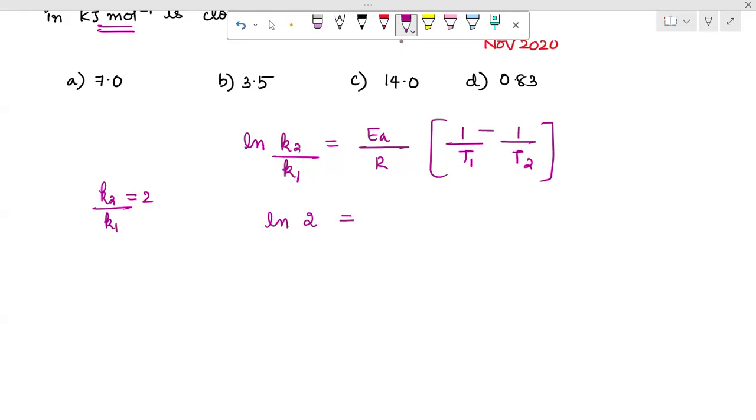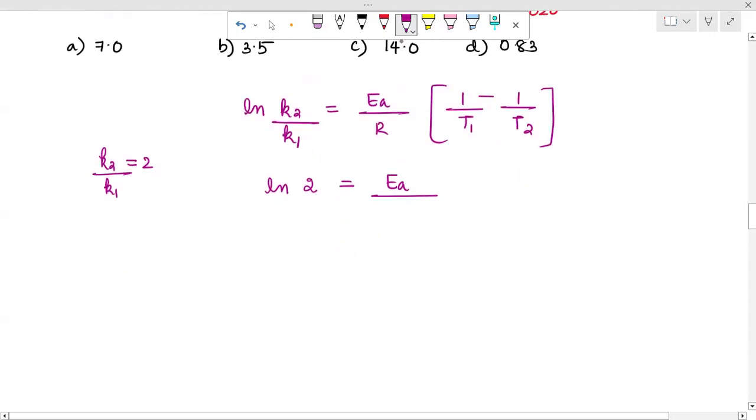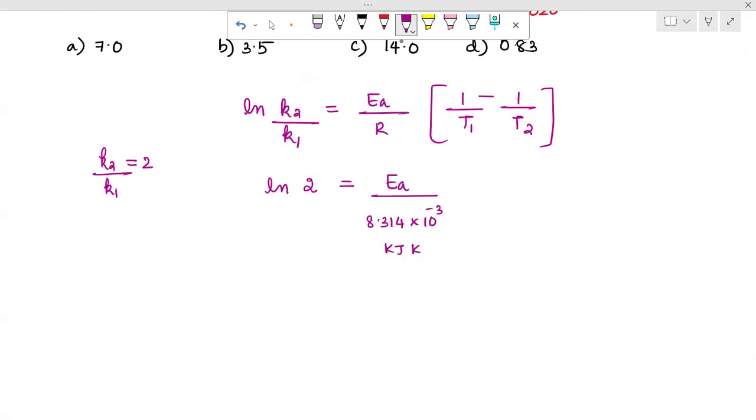So ln 2 is equal to EA, which you have to find in kilojoules per mole, divided by R. So you better write your value of R in kilojoules as well: 8.314 into 10 to the power minus 3 kilojoules per Kelvin per mole into T2 minus T1, so it is 300 minus 200, 100 Kelvin, divided by 300 Kelvin into 200 Kelvin.